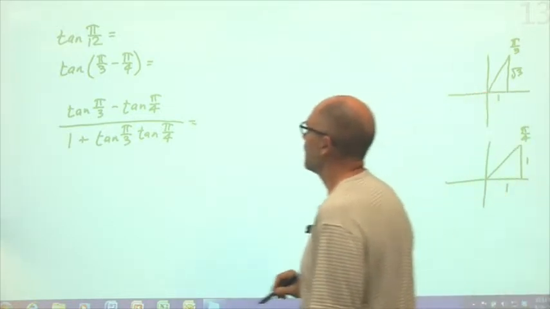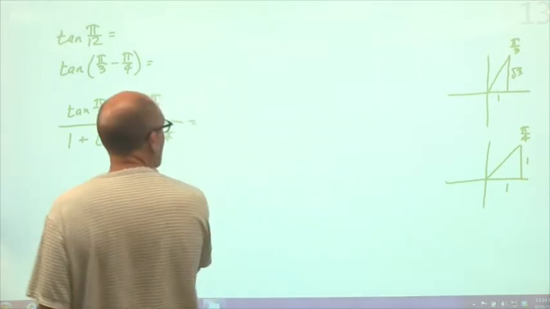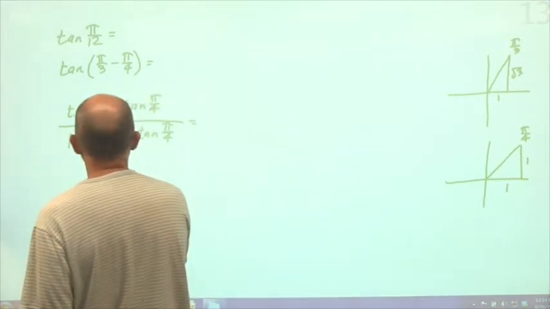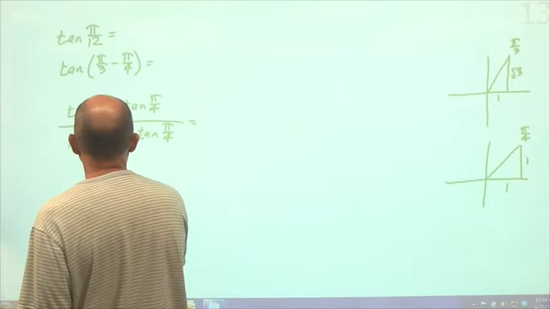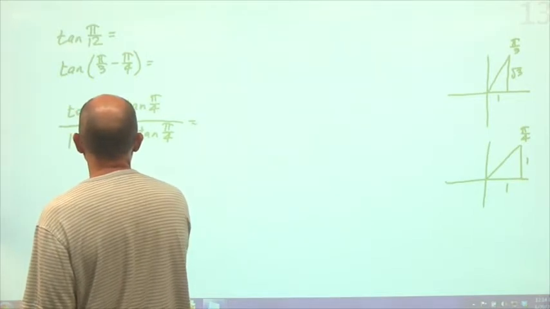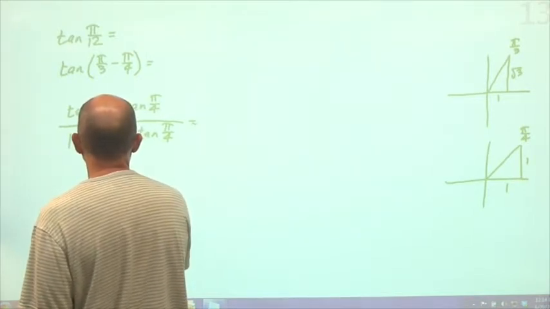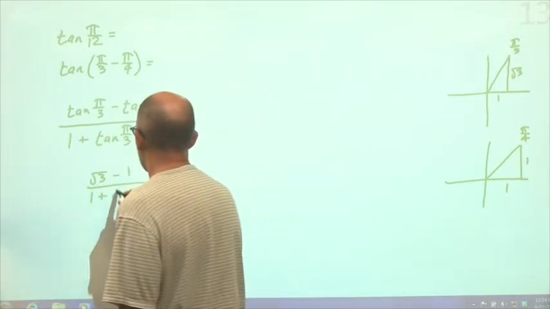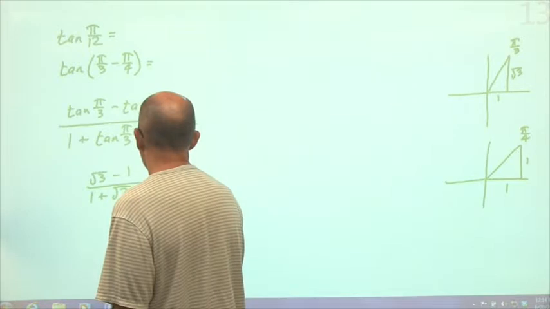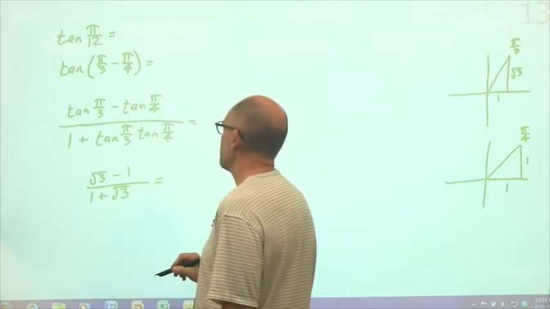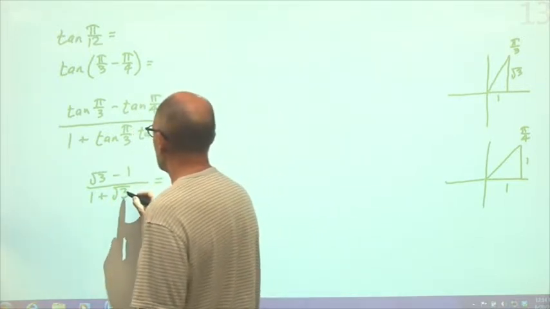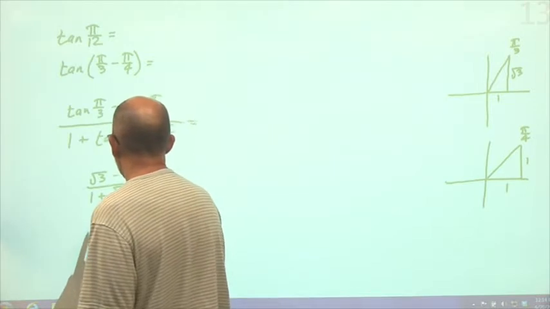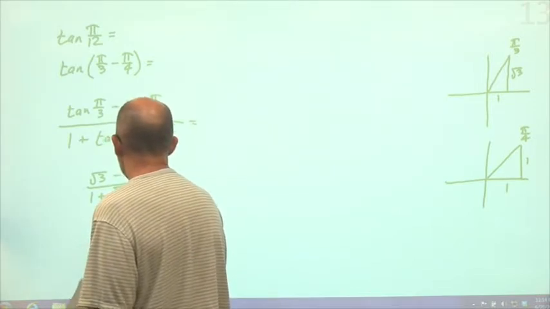So this thing becomes square root of 3 minus 1 over 1 plus square root of 3 times 1. Now, just for simplicity, let's change the bottom to square root of 3 plus 1.